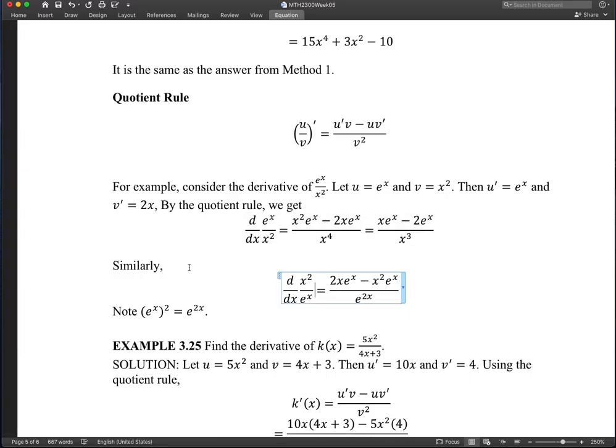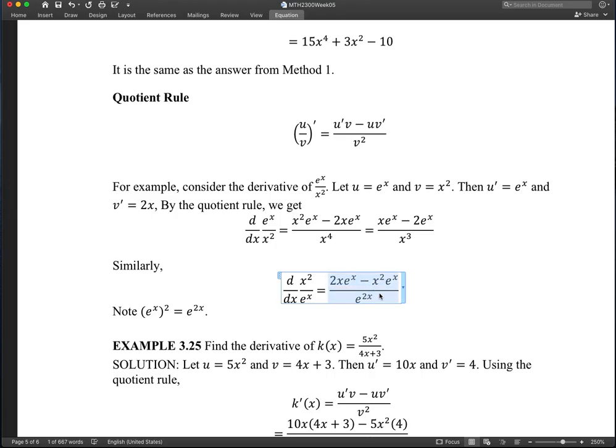And then if we work with the derivative of x squared over e to the x, you are going to take u and v differently. U is x squared, v is e to the x. So u prime is 2x, v prime is e to the x. And also this time, in speaking of simplification, I believe all the work I did should be all right.